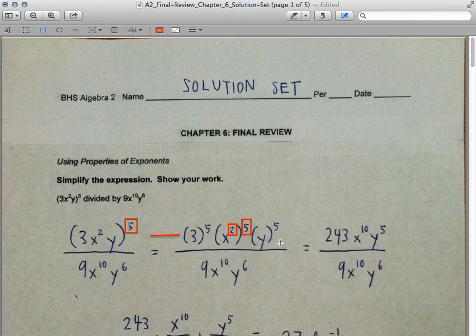That same property is in play here. There is an invisible 1, so y is being raised to the 1st power, and so y to the 5th power is essentially 1 times 5, and that is where y to the 5th power in the numerator comes from.